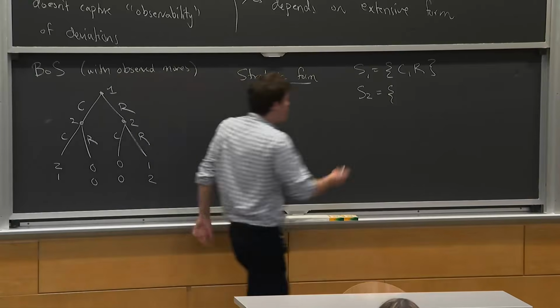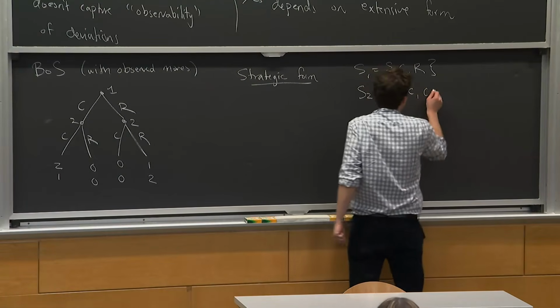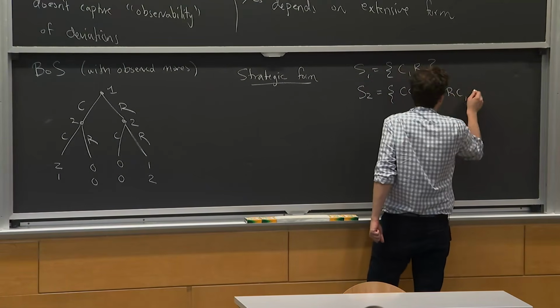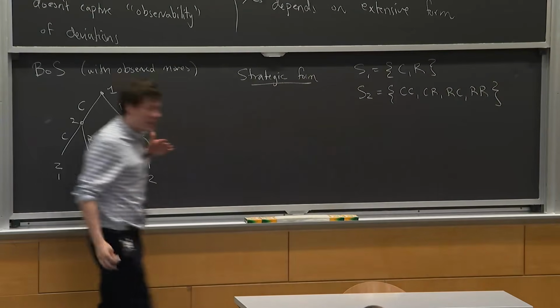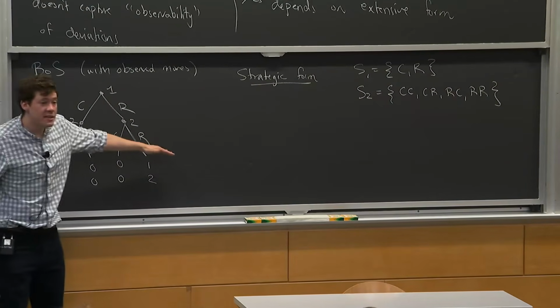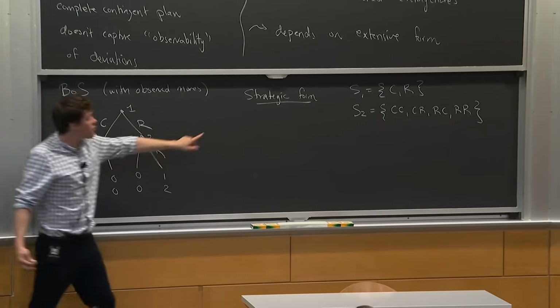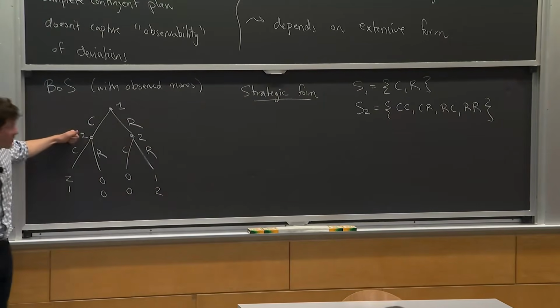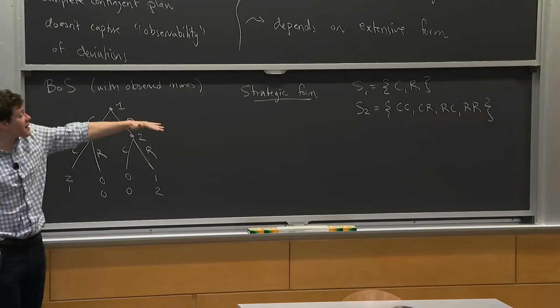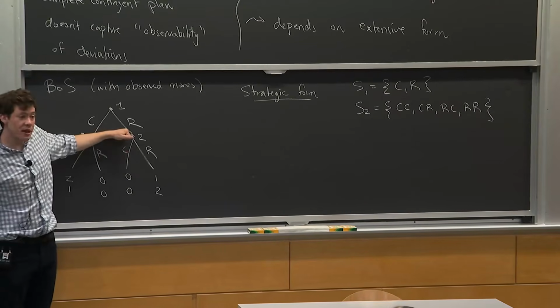So we can write player 2's strategies as CC, CR, RC, and RR, where we've agreed that we're going to order our information sets from left to right. The first letter says what player 2 does at this information set, and the second letter says what player 2 does at this information set.